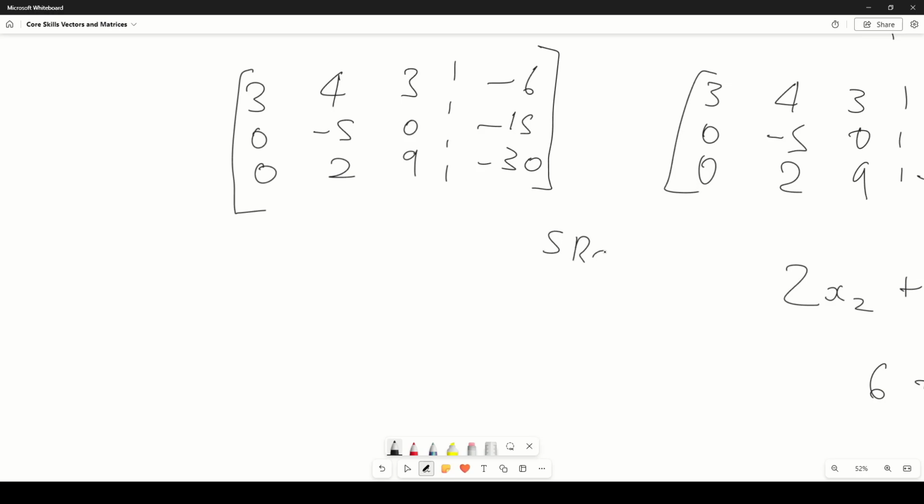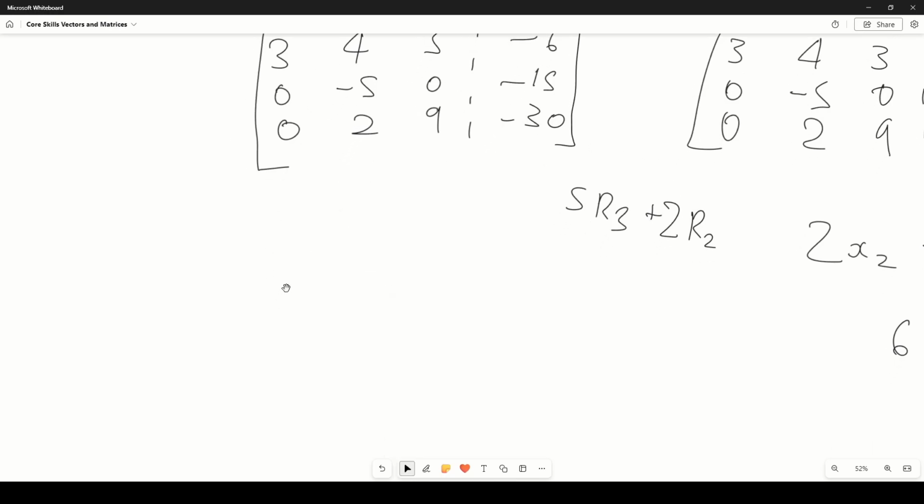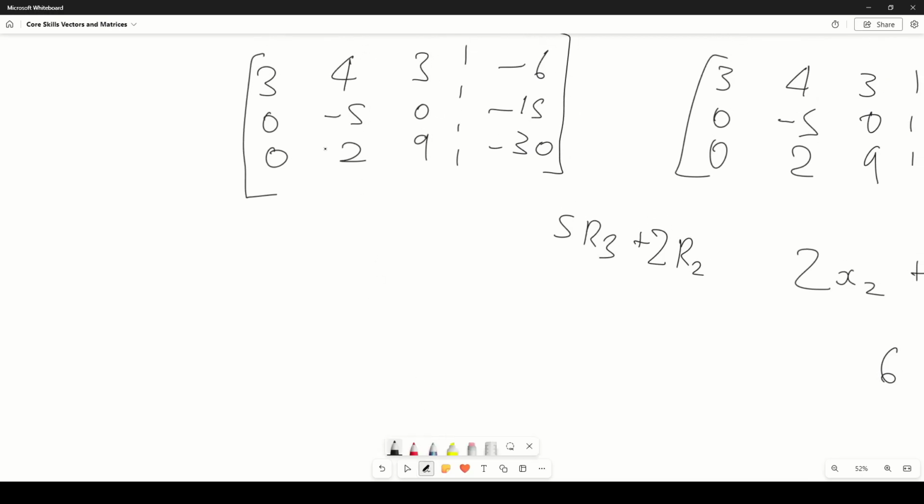So 5R3, and we're going to add 2R2 to it, which is starting to become a bit tedious at this point. We're still not modifying that first row. We aren't modifying our second row either here.